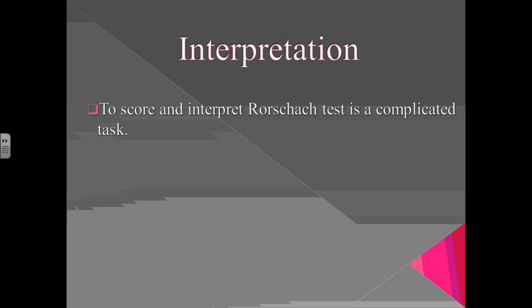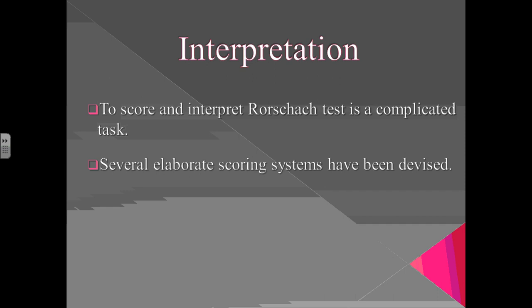To score and interpret the Rorschach test is a complicated task which cannot be accomplished without special training. It is for these reasons that several elaborate scoring systems have been devised that take all three categories into consideration.